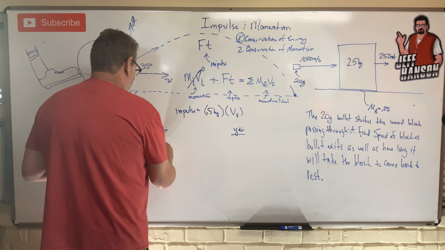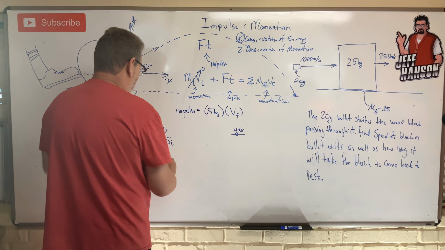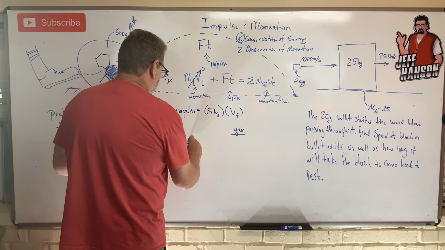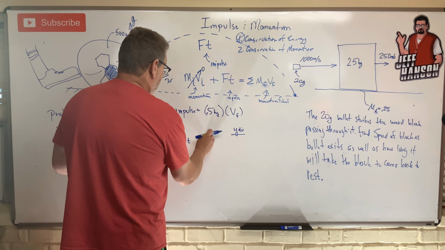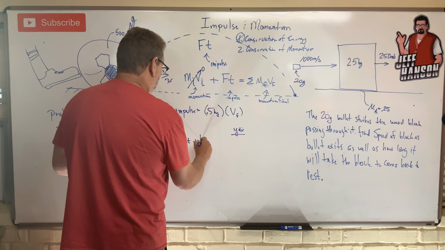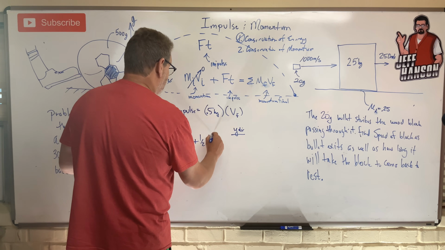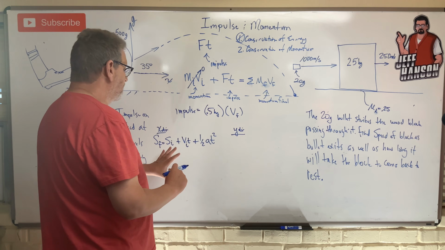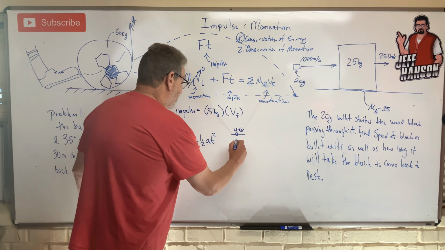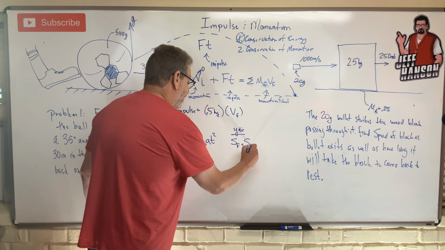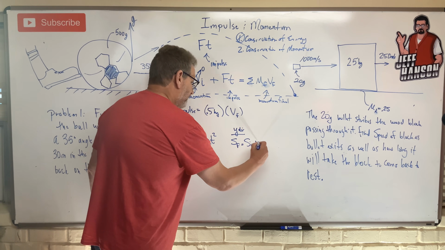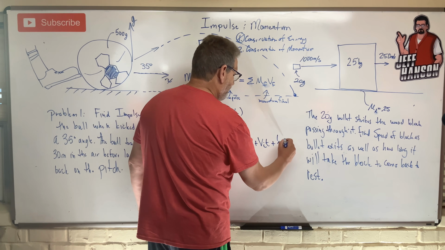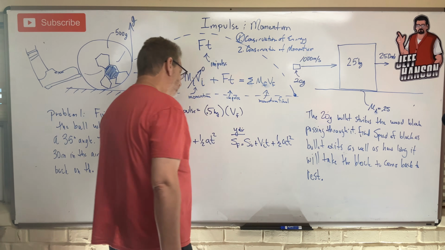S final equals S initial, remember S is position, plus V T plus 1/2 A T squared, right? Okay, and this is the initial velocity. And of course, this is in the x direction. Same thing over here: S final equals S initial plus V initial times T plus 1/2 A T squared.